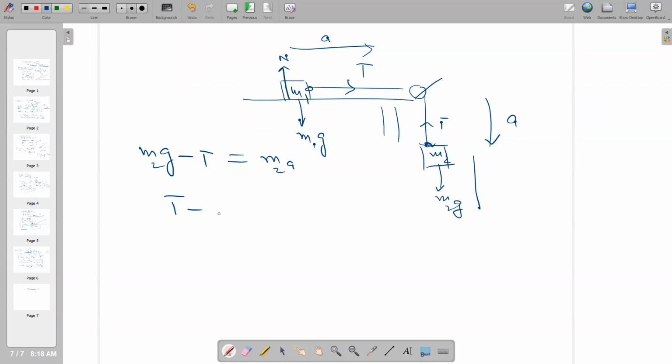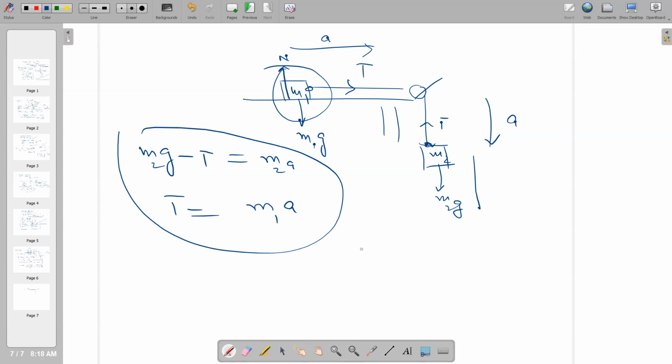T is equal to MA. So T is equal to M1A because this is M1. So from these two equations, you can solve for the acceleration, M2G over M1 plus M2, and the tension you can find as M1A. Okay, this is one thing.